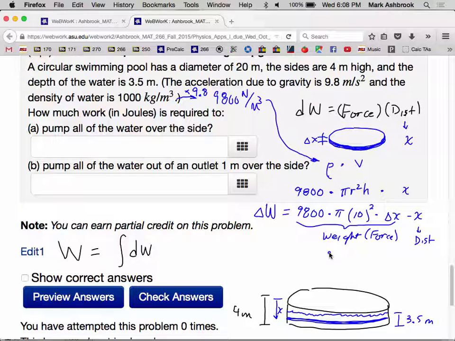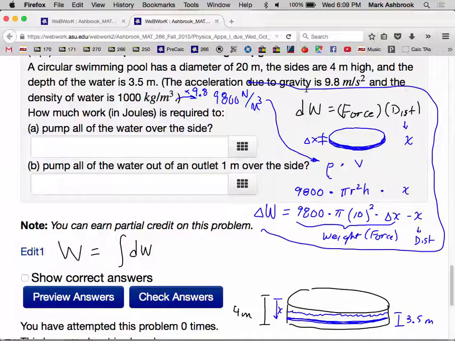They want to start writing integrals. And I've been trying to encourage you for the last 2 weeks: start by writing the formula or the expression for the little bit of whatever you're totaling up. In this case, a little bit of work. So that's all the setup work, and like I said, that's 80% of it.